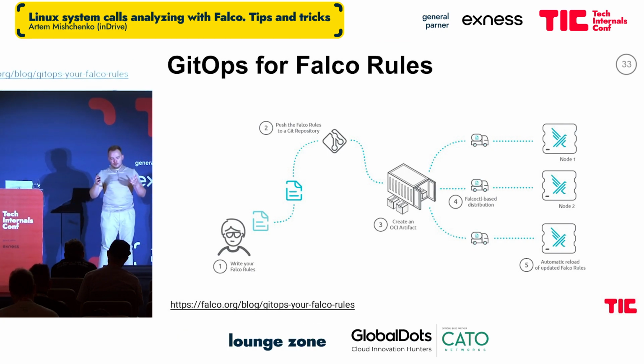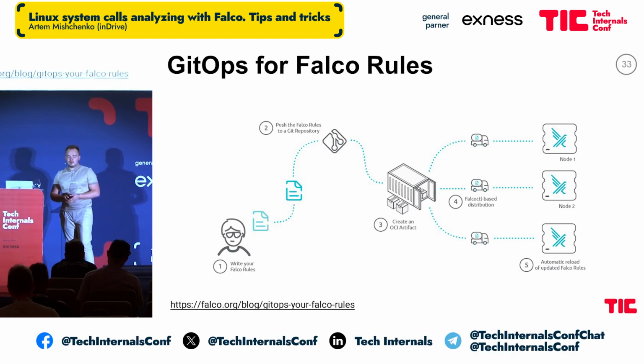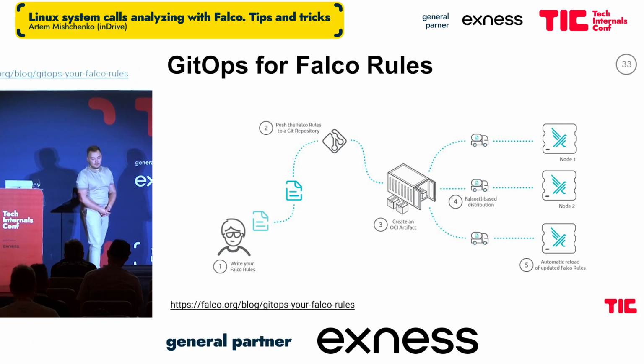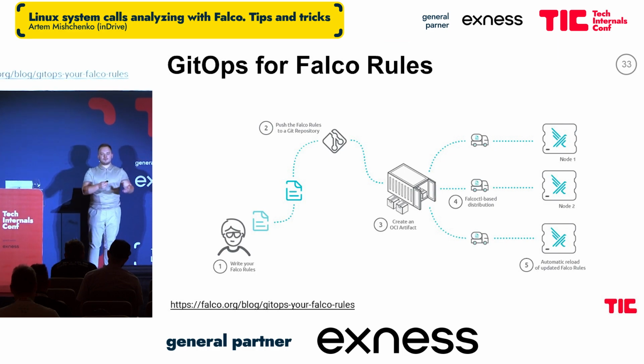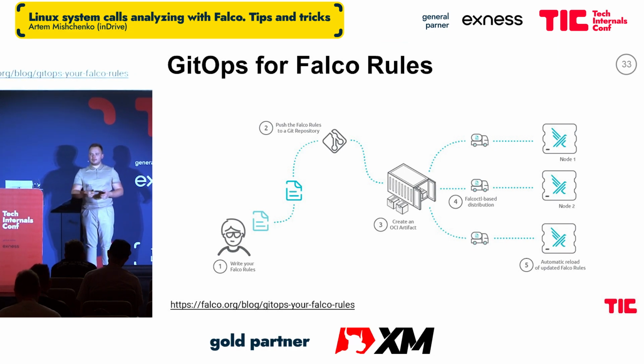We can just put our YAML into this image and send it to the container registry. It is not an actual container image, but it's a method to archive our rules and distribute them to different servers using the registry we have in our company. And Falco CTL is also responsible for capturing these rules on endpoint servers, updating them, and tracking that we have the latest possible rules on our server.